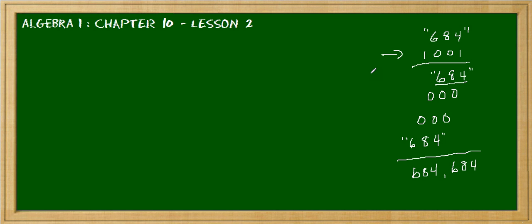Now let's continue reading on here. It says writing down a 3-digit number twice is equivalent to multiplying it by 1001. The number 1001 is composite, being the product, get this, of 7, 11, and 13. If we let x represent the 3-digit number first chosen, then 1001x represents the 6-digit number formed.